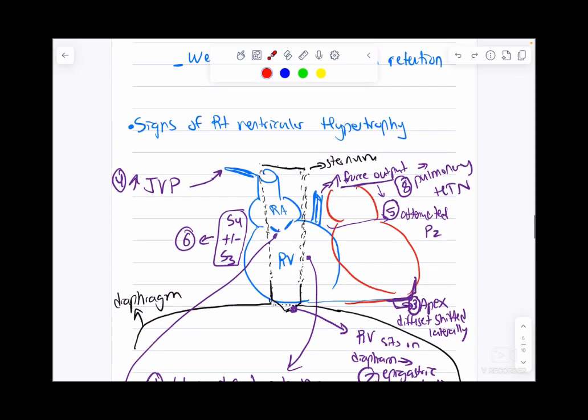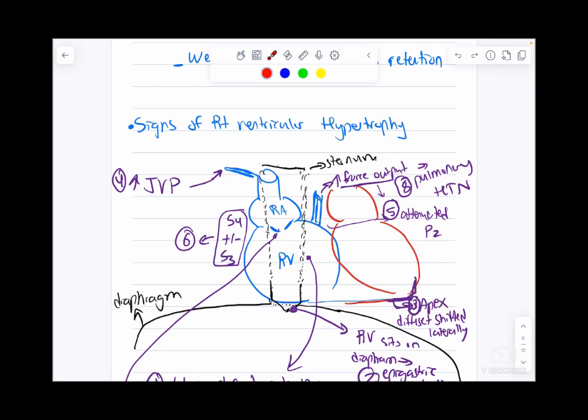Okay, what else? Four, increased jugular venous pressure. Obviously, poor drainage is going to increase the jugular venous pressure. It can be seen if you put the patient at a 45-degree angle and ask them to turn to the left side, because it will show the jugular vein more clearly.